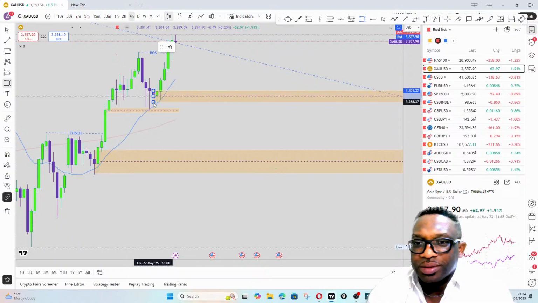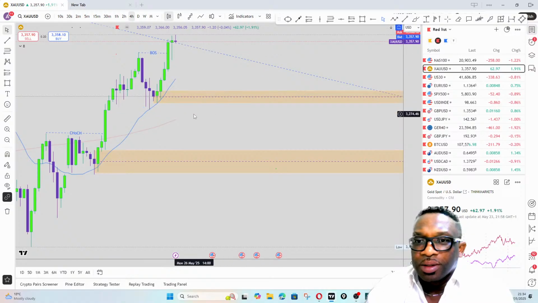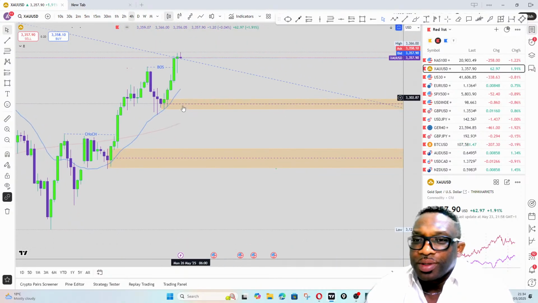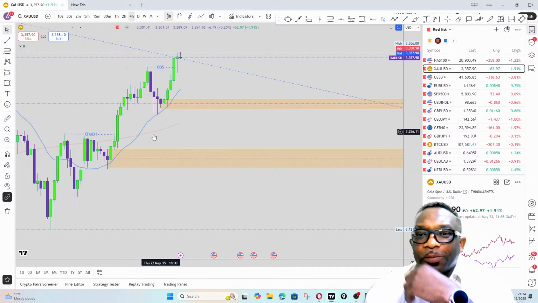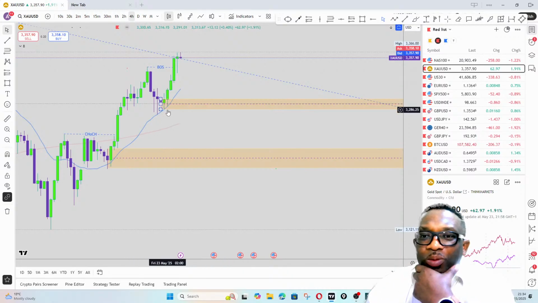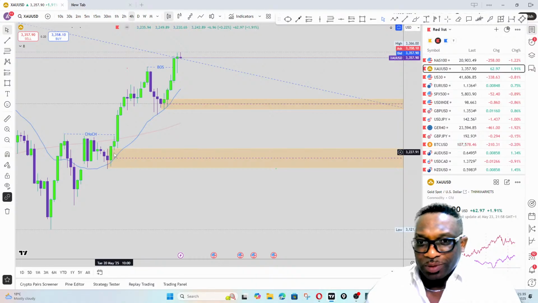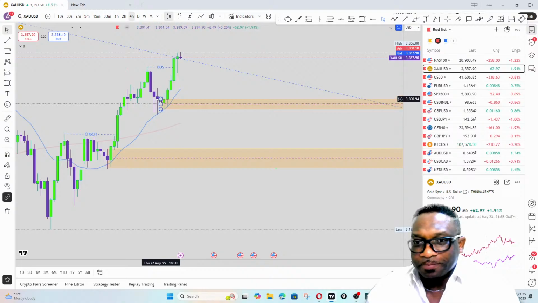This is the origin area. So this is more or less a confluence with what we will expect to look out for in terms of using the 20 moving average. This is an event right here before this move pushed up, before this move took off.